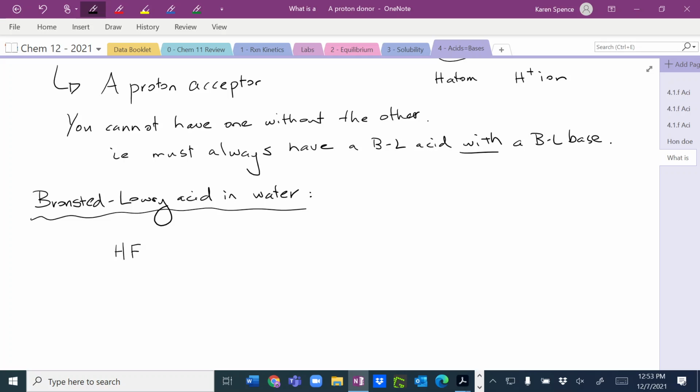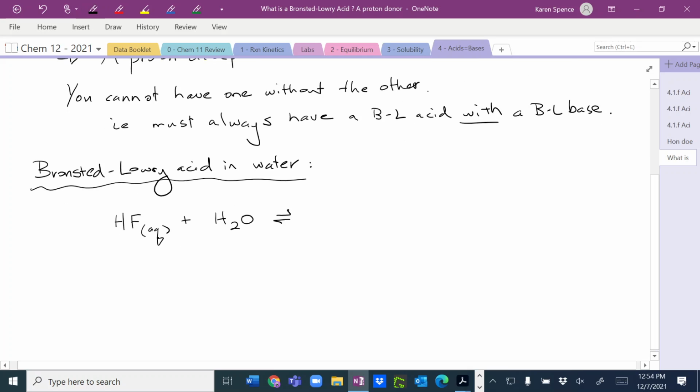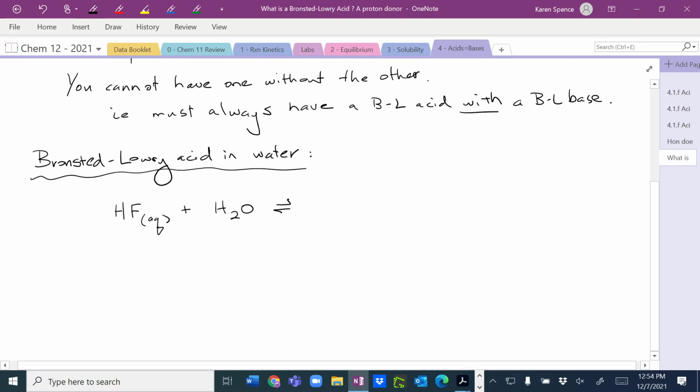A lot of acids have long formulas, this one's short. If I put it, it's aqueous. If I put it with water, what do I get?